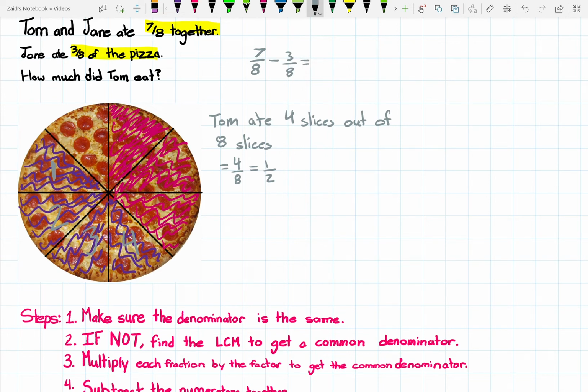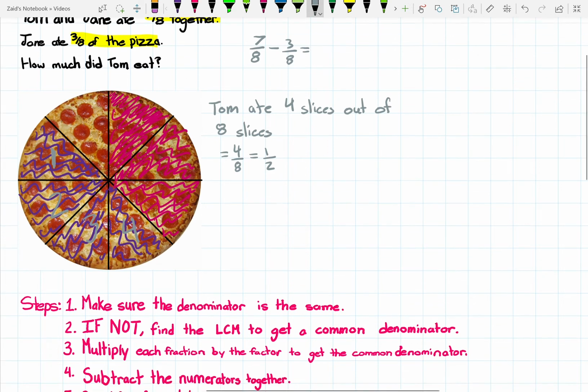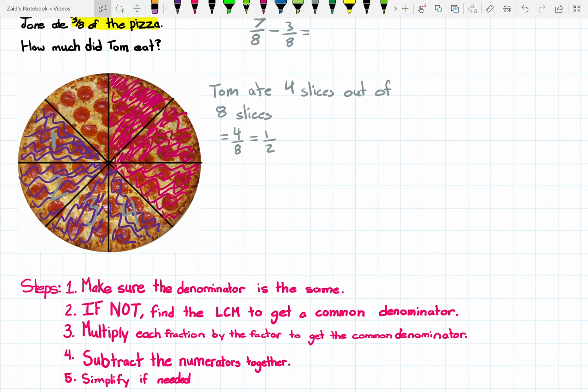So step 2 and step 3 don't really apply to us, where it says if not, find the LCM, and LCM stands for lowest common multiple, to get a common denominator, and multiply each fraction by the factor to get the common denominator. So we don't need to do step 2 and step 3, we just skip to step 4, where it says subtract the numerators together.